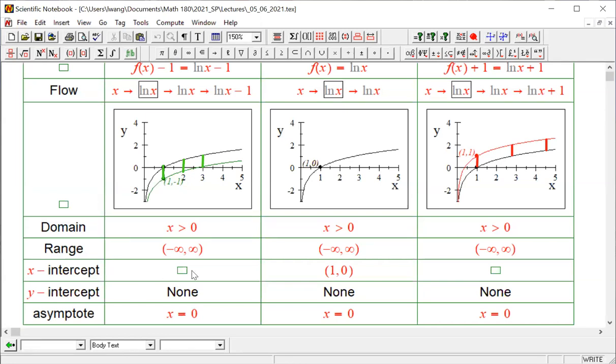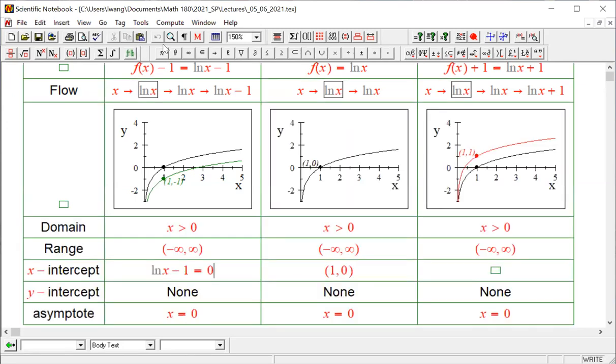Now, let's look at the X-intercept. The X-intercept obviously is not that straightforward anymore, right? So how do you find the X-intercept here? You will set y equals 0, right? You will set this equal to 0.